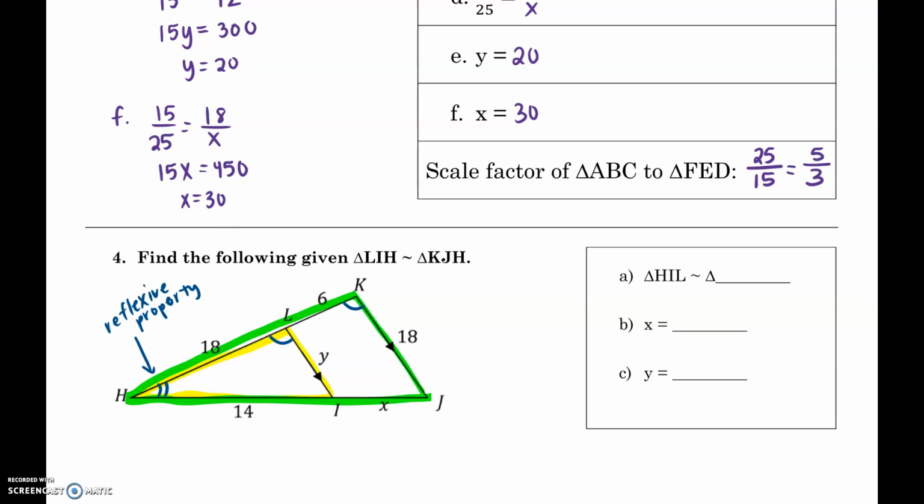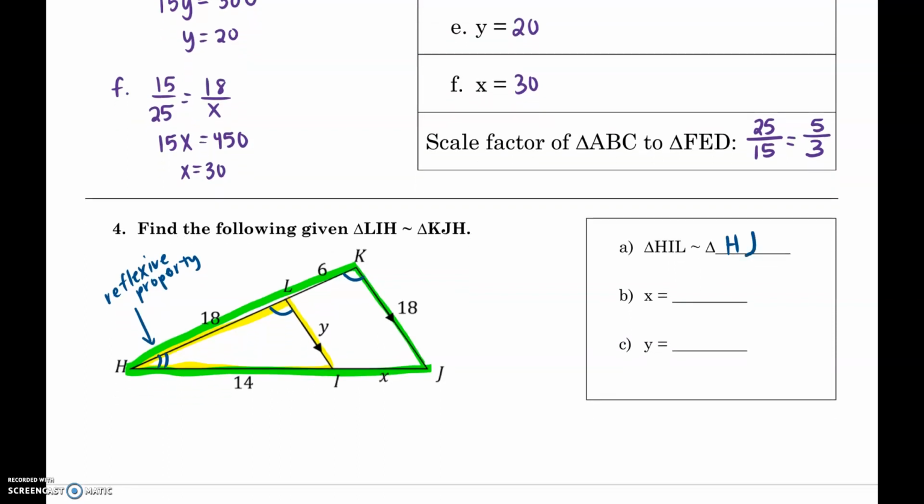So for our similarity statement here, triangle HIL is similar to triangle HJK.